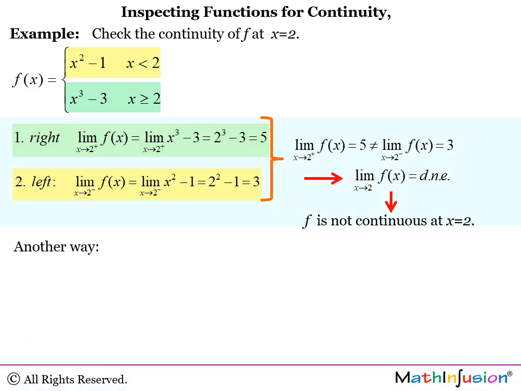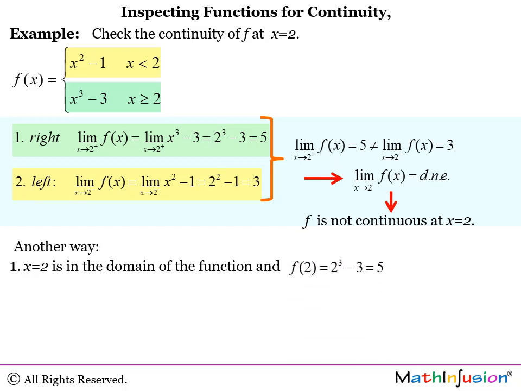Let's do it the other way. If you recall, step 1 was to check that x equals 2 is in the domain of the function. Yes, it is. And f of 2, as you can see, I have to use the branch for the function being x cubed minus 3, and I get 5. Step 2 was to find the limit of the function when x approaches 2 from the right.